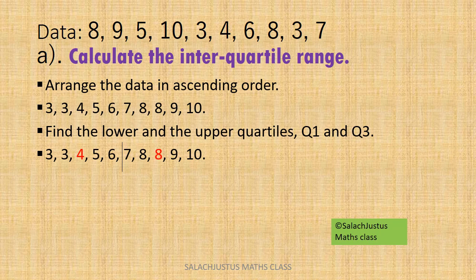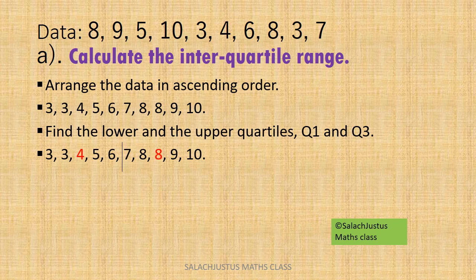In part 1 of this subtopic, there is a step-by-step description of how you can calculate Q1 and Q3. So from the arrangement I have shown here, our Q1 shall be 4, highlighted in red, and our Q3 shall be 8, also highlighted in red.